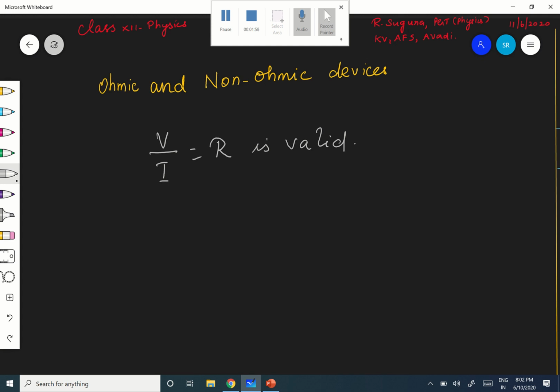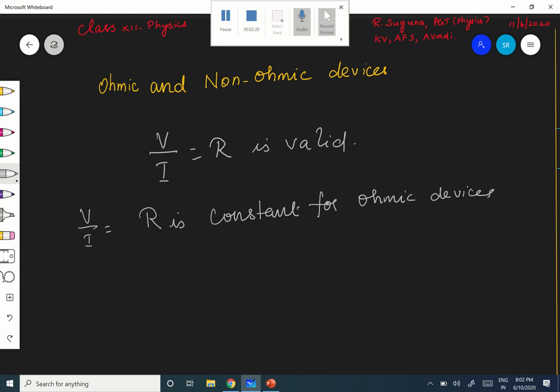But what is the problem here? R is constant for ohmic devices. V by I, that is equal to R, is constant for ohmic devices.